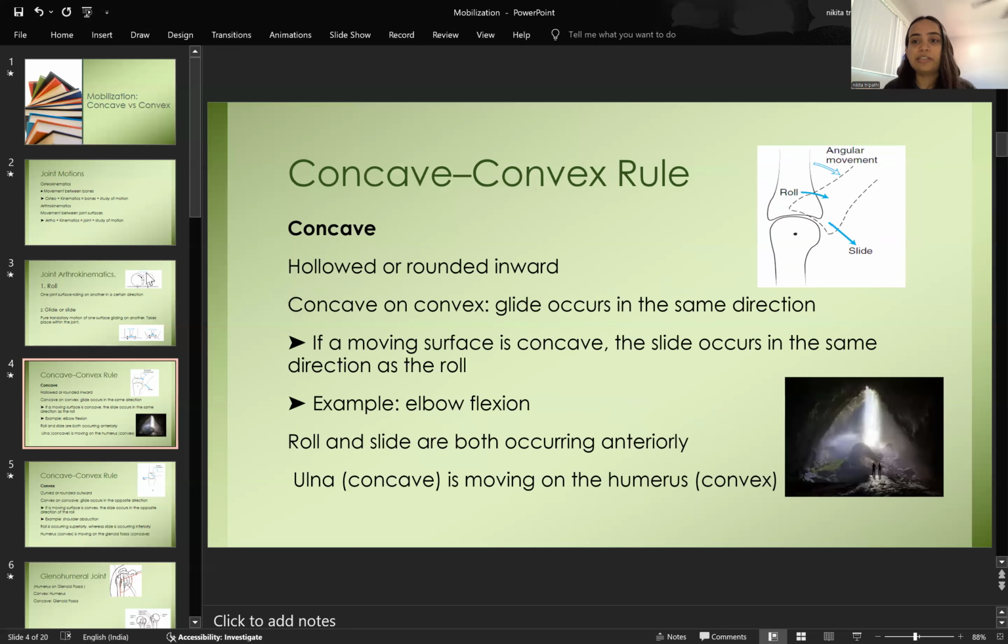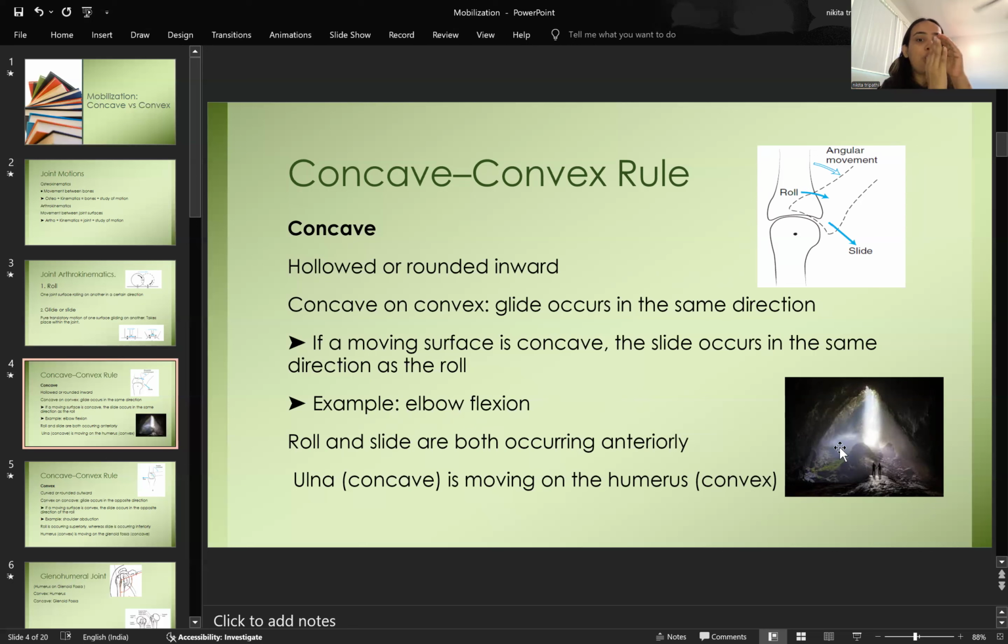Now, the first is the convex concave rule. For the convex concave rule, we need to know what is concave and what is convex. Concave is like this, like the inside of a cave, a depression.